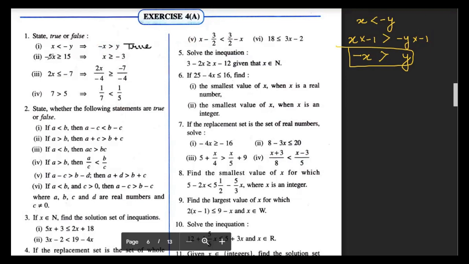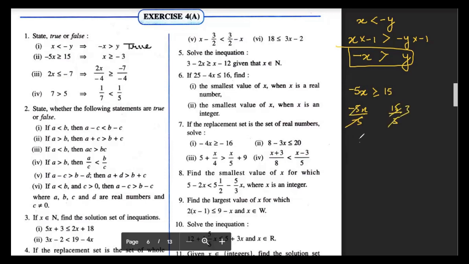The second question: minus 5x greater than equal to 15. I am writing minus 5x greater than equal to 15. Can we write it as x greater than equal to -3? You see, we will divide both the sides with -5. So minus 5x divided by -5, 15 divided by -5. So -5 is gone, 5 threes are 15.